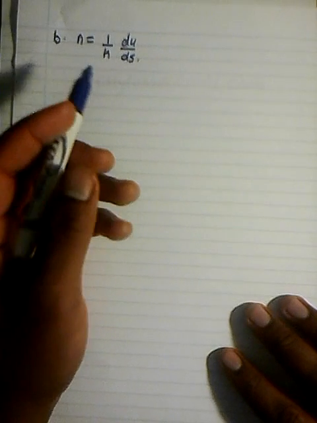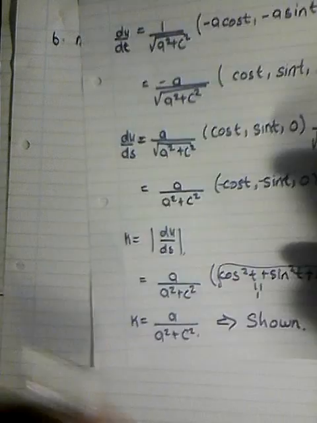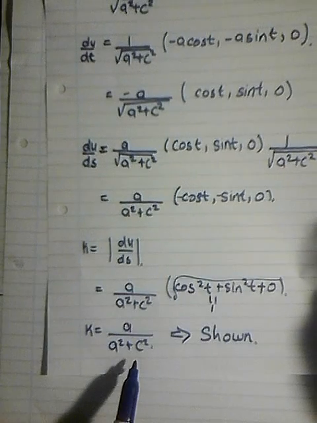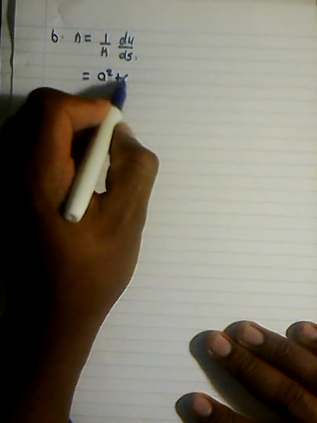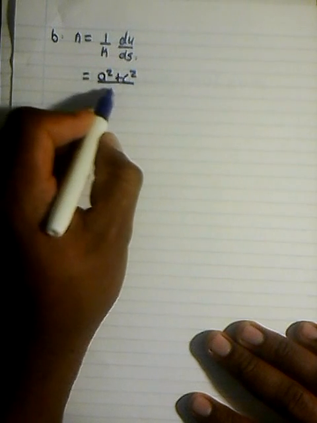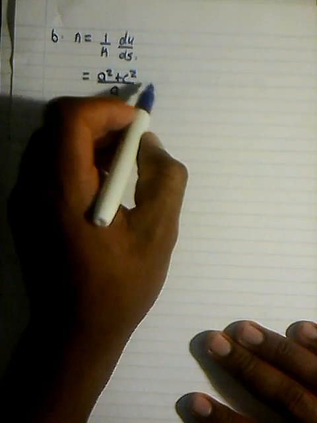From part A, we found everything, so in this section we just plug and play. We found k to be equal to a over a squared plus c squared, so we take the inverse of that: a squared plus c squared over a, multiplied by du ds.